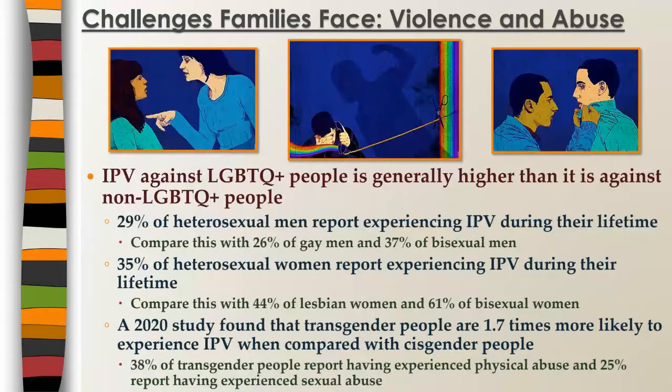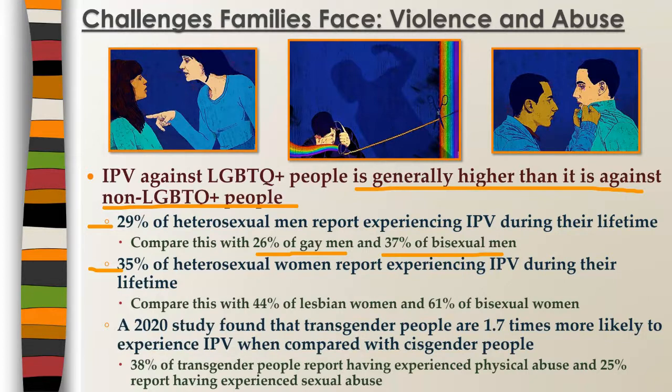Now, IPV against LGBTQ plus people is generally higher than it is against non-LGBTQ plus people. 29% of heterosexual men report experiencing IPV during their lifetime. Compare that with a similar 26% of gay men, but 37% of bisexual men. 35% of heterosexual women report experiencing IPV.